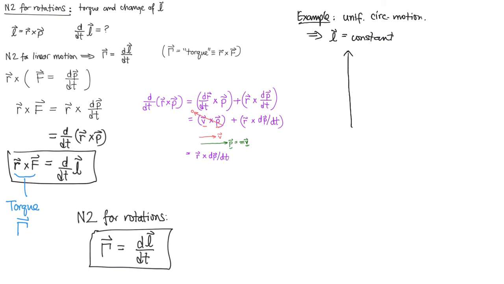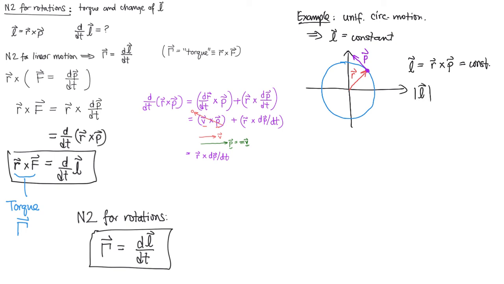So if we come back to that same diagram that we started with, we have circular motion, we have a linear momentum vector, we have a position vector, and we have angular momentum, which is r cross p, is a constant. The magnitude of that angular momentum is Rmv, where capital R is the circle's radius, and the direction, which you might call L hat, in this case, is out of the page.